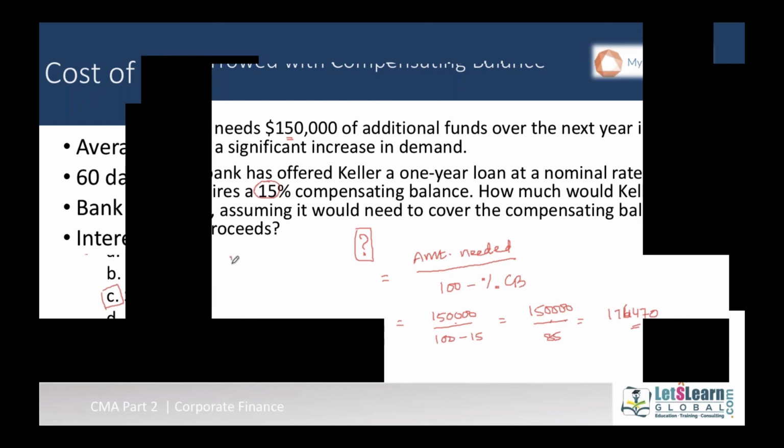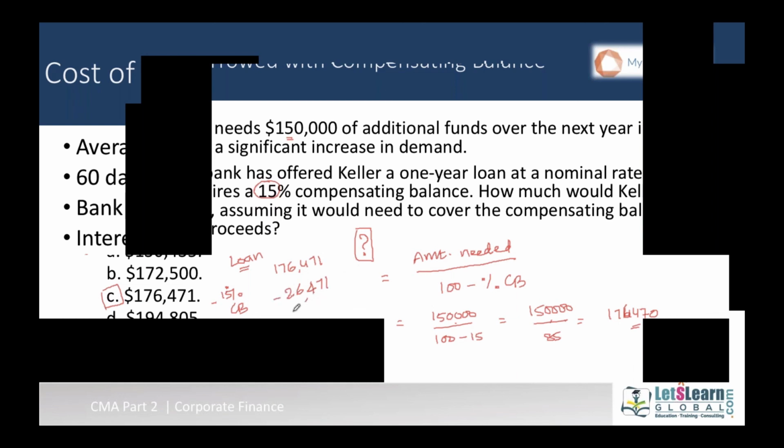Let me clarify this. Say the loan amount is 176,471, but the bank is holding 15% of the loan amount as a compensating balance. 15% of 176,471 is 26,471.